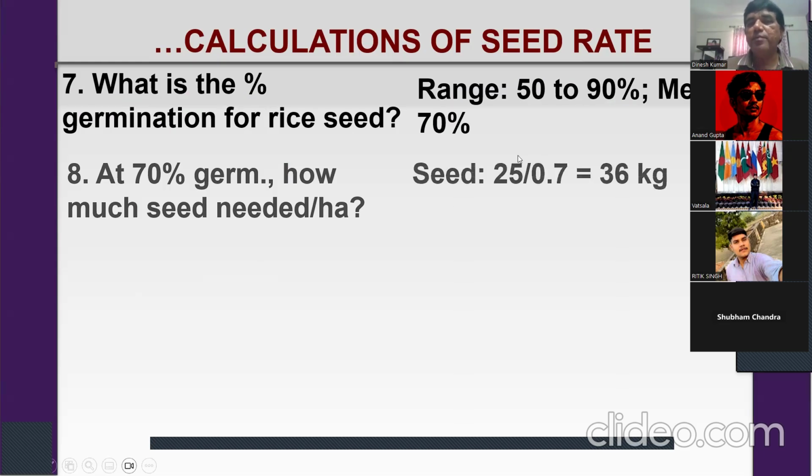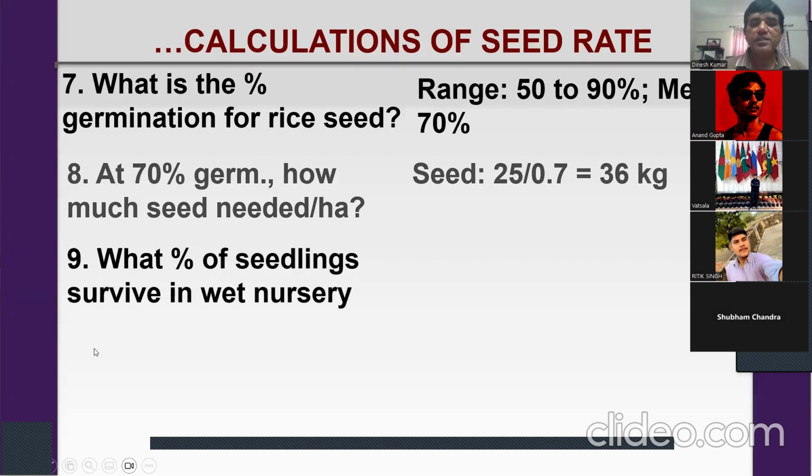We can divide 25 by 70%, or you can say 0.7, because 0.7 is 70%. So 25 was the seed rate, and divided by 0.7, you get 36 kg. So here the 30% deficit in germination can be compensated by increasing the seed rate. So now it is 36 kg.